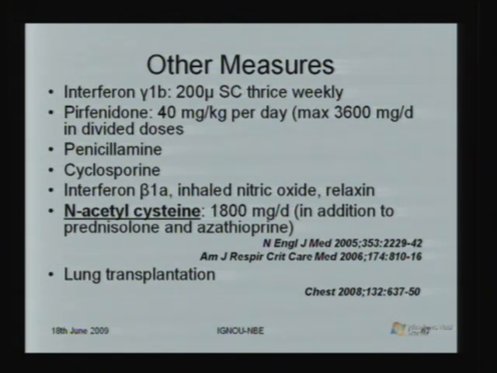So routinely, they have superseded the ATS-ERS guidelines. Now, it includes a third drug, namely prednisolone, plus azathioprine or cyclophosphamide, plus N-acetylcysteine. It's a triple drug combination. Then, of course, we have lung transplantation.